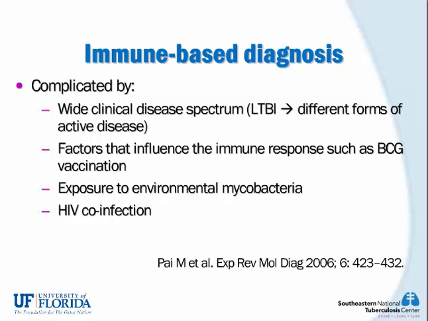There are other factors that influence the immune response to these tests, such as BCG vaccination. In addition, exposure to environmental mycobacteria can make these immune tests positive in a situation where it is not Mycobacterium TB. And lastly, HIV co-infection affects the immune system and makes these tests likely to be misleading.